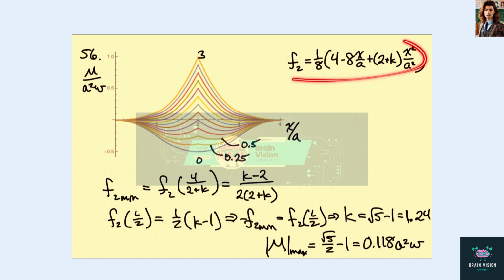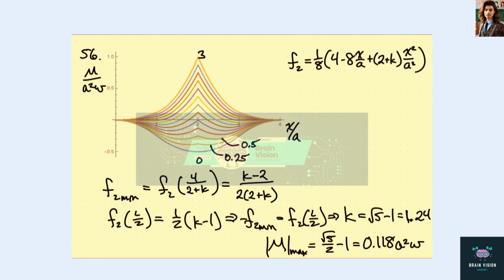We can plug that in here, and we find that that is 1/2 k minus 1. When k is greater than 1, it's going to be positive. When it's less than 1, it's going to be negative. And again, we can see that when k is 0, it is minus 1/2.